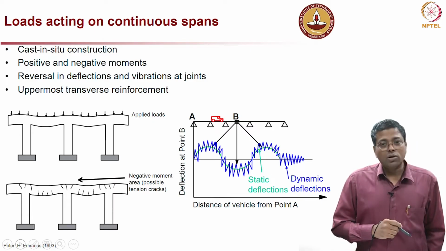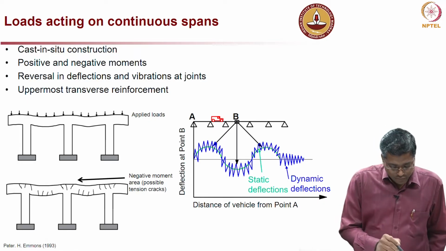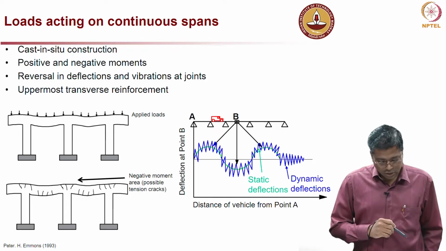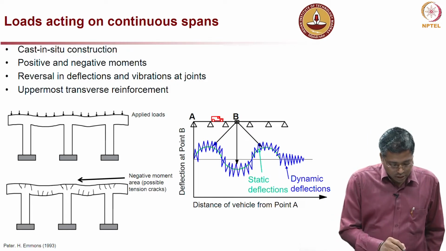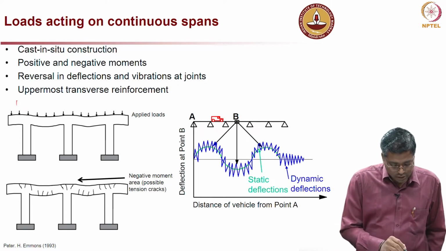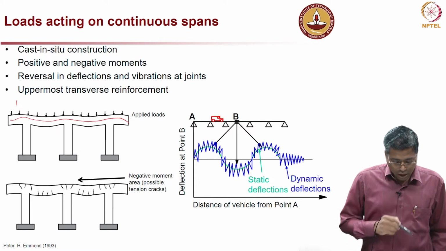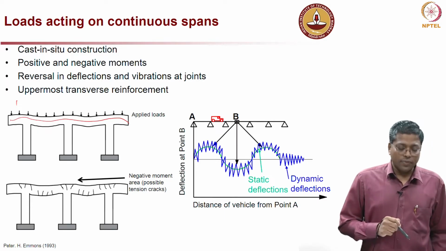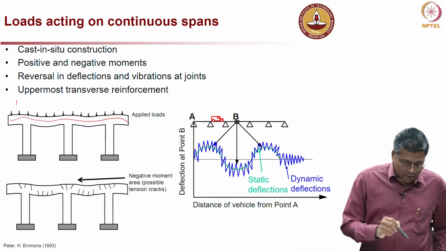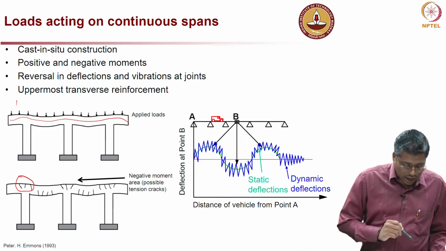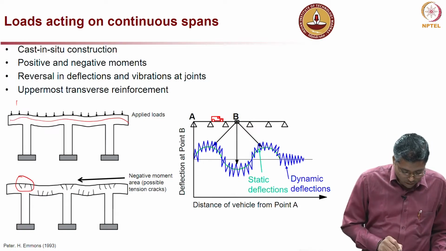Now, loads acting on continuous spans. If you are talking about a continuous span like what is shown in the sketch on the left side, you can see continuous load is acting. So, the deflected shape is shown here. Okay. Because of this kind of load and the type of structure, the continuous span, you can see the crack at the top because of the negative moment, and then cracking here and cracking here.